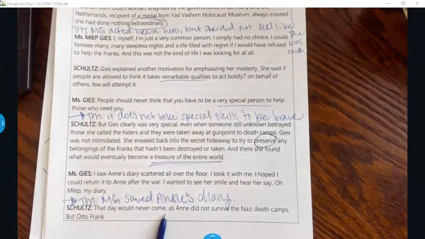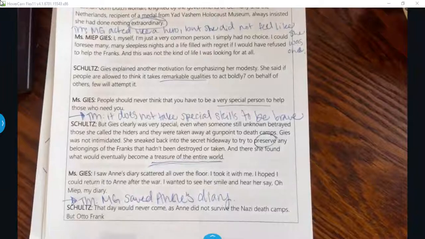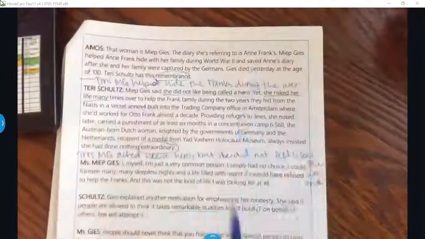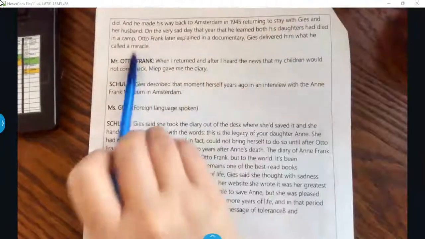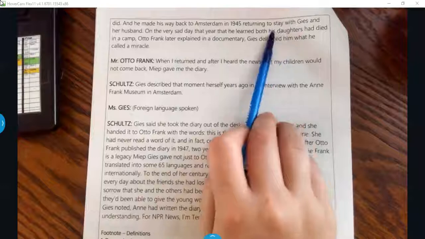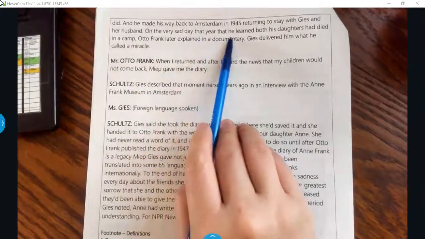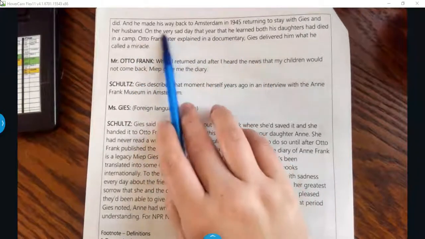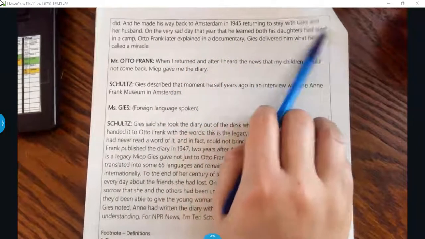That day would never come, as Anne did not survive the Nazi death camps. But Otto Frank did, and he made his way back to Amsterdam in 1945, returning to stay with Gies and her husband. On the very sad day that year that he learned both his daughters had died in a camp.